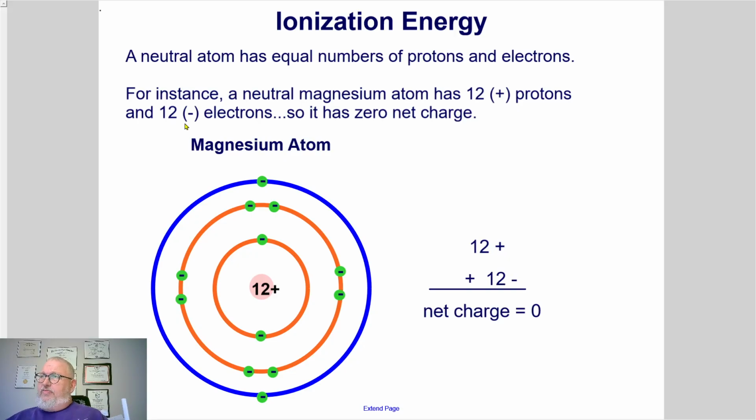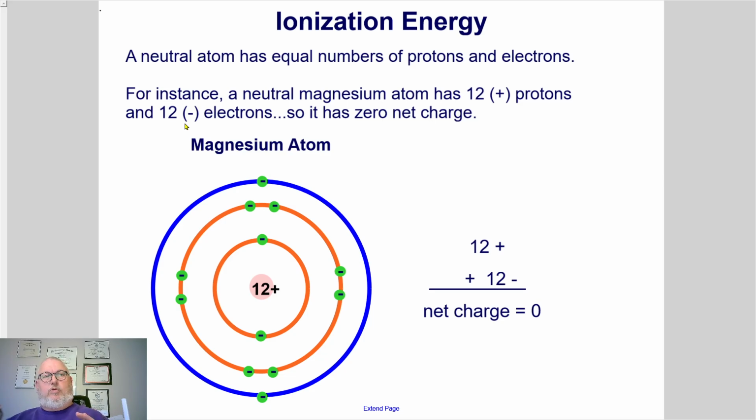This is the amount of energy required to lose an electron from an atom, right? If you have a neutral atom, there's an equal number of protons and electrons. So magnesium has 12 protons.